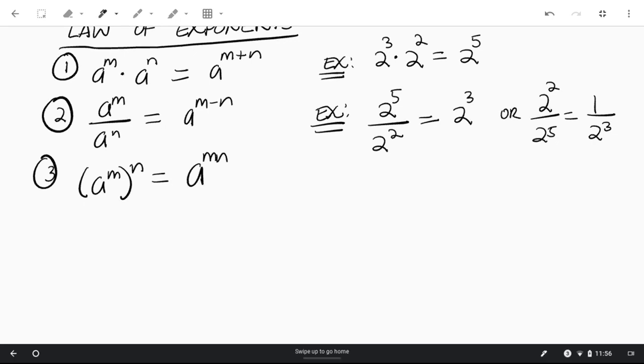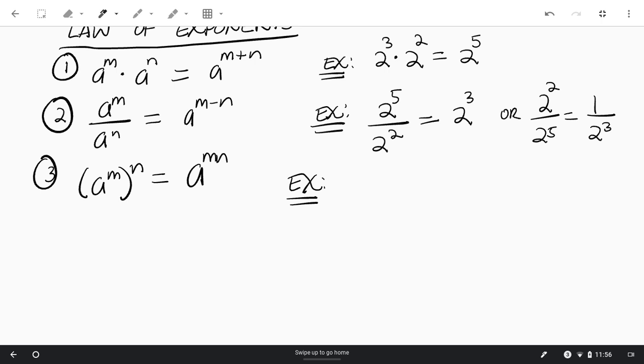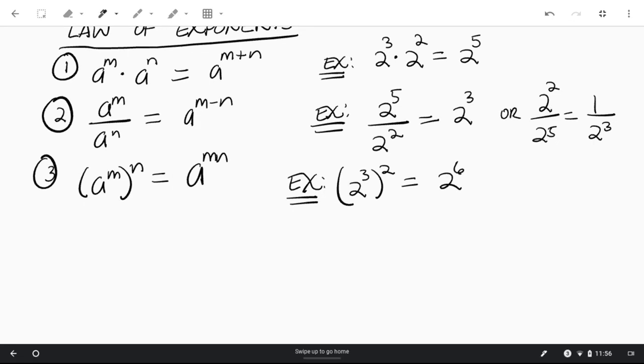So for example, if I have 2 to the third raised to the second, I have this power to a power, so we multiply and we get 6. All right, so let's go back to the first two and let's take a look at why we get these answers.